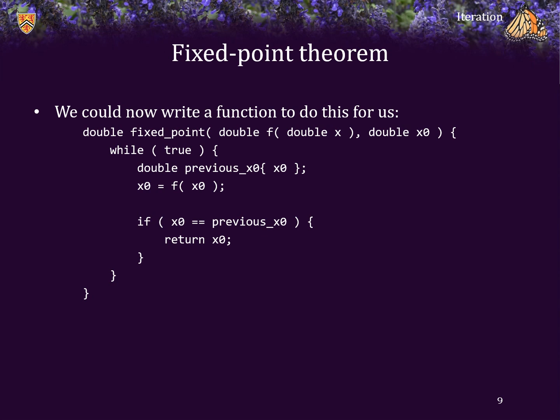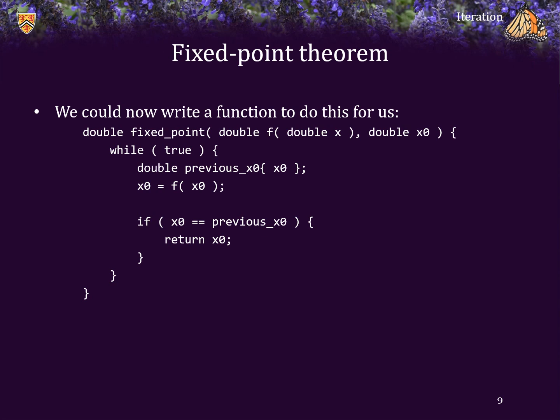Now, with fixed point iteration, we could have an arbitrary number of values that we calculate. However, we really only need the current value and the previous value. So we're simply going to use the parameter x0 as our local variable.